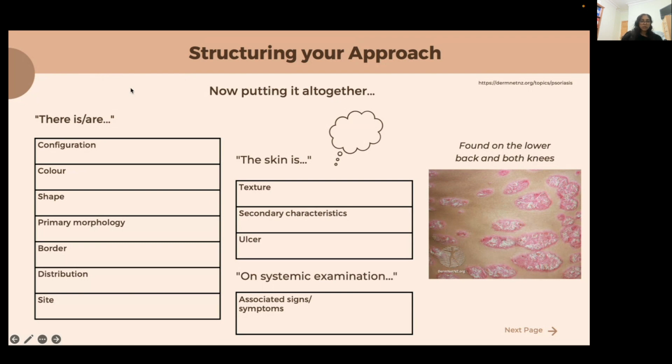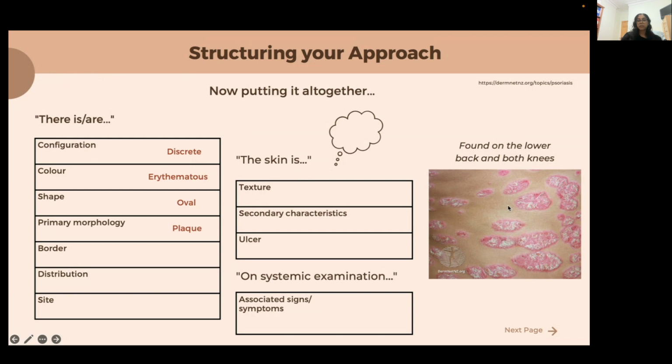So here we've got multiple lesions, so we'd say that is the configuration. The lesions are discrete, so we can see that they're separated, or mostly separated, from each other. They're erythematous, so they're kind of pink in color. We could describe these as oval-shaped lesions.